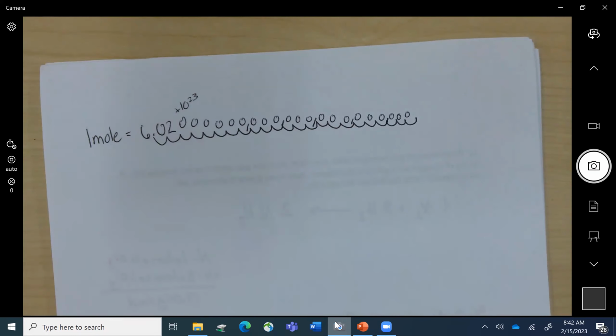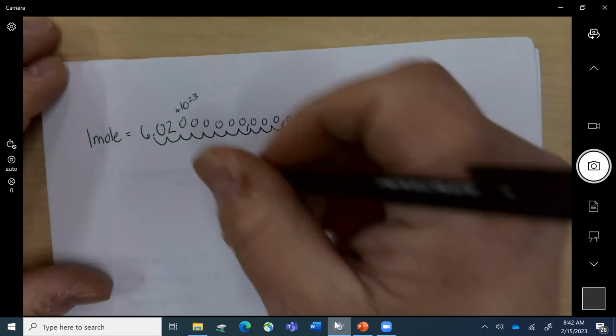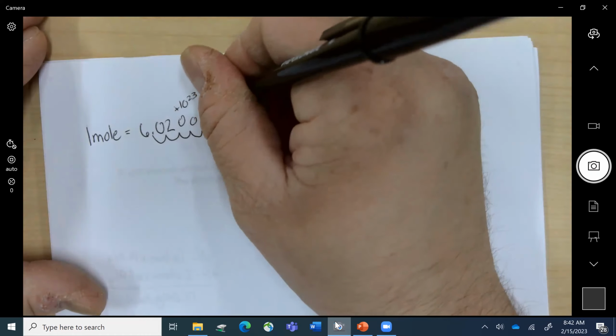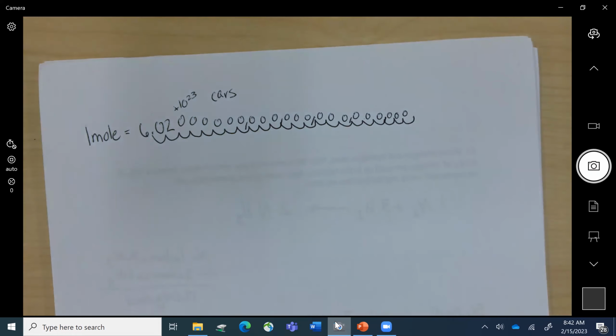This number is representative of anything. 1 mole could equal 6.02 times 10 to the 23rd cars. There are not that many cars on Earth. If there were, there'd be no room to live. It'd be a junk pile, probably 100 feet thick, covering the entire Earth's surface.